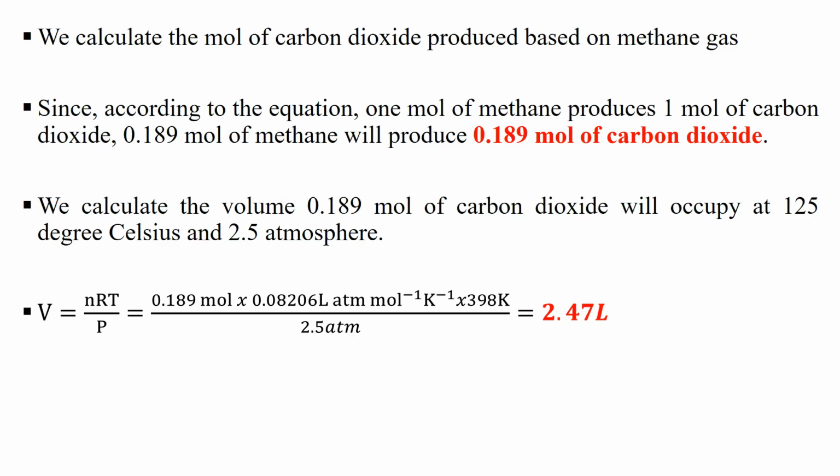The volume is equal to nRT over P. We take 0.189 moles times the gas constant times the temperature, which was given but we have changed to Kelvin, divided by 2.5 atmospheres. Then we get the volume of 2.47 liters.